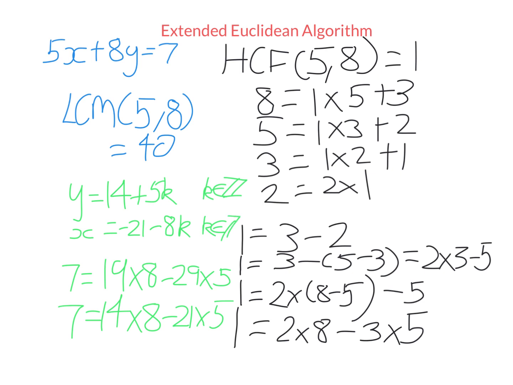All of those will be solutions because 14 and negative 21 for y and x respectively was a solution. If I keep adding integer multiples of 5 here, this will be adding multiples of 40, and this will be taking away multiples of 40, so I'll still end up with my answer 7.